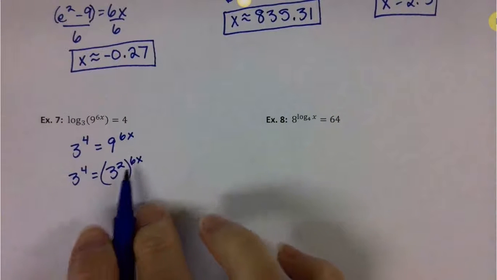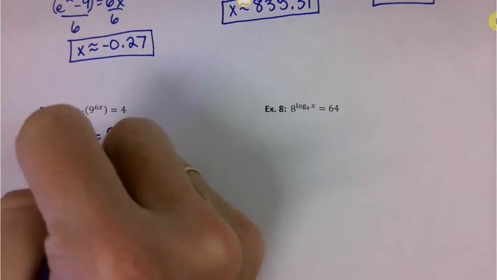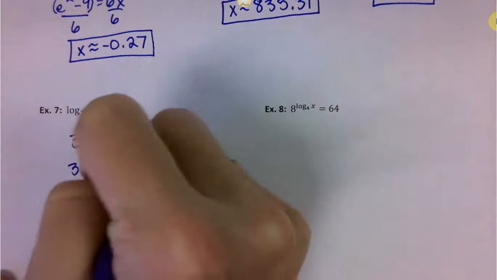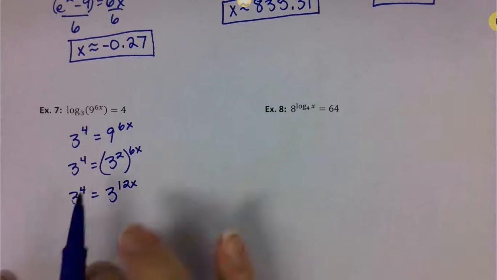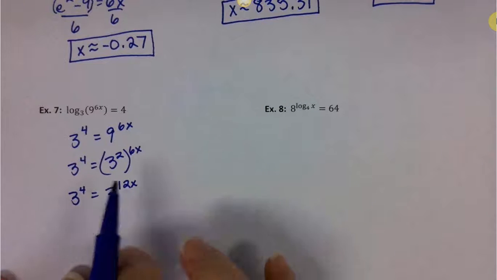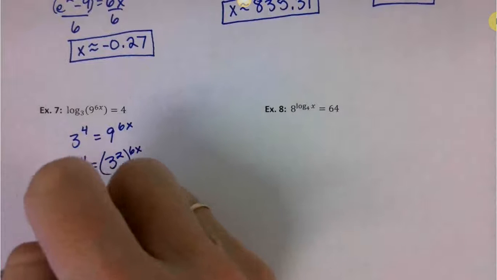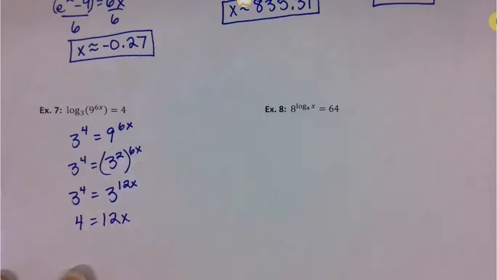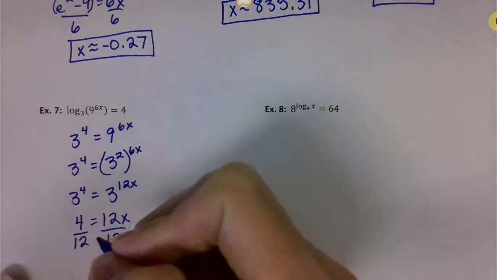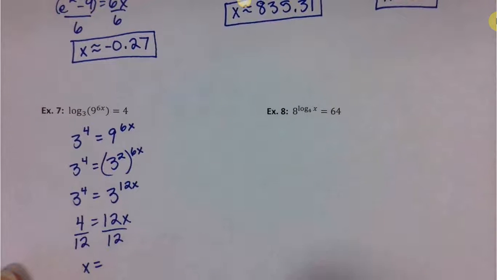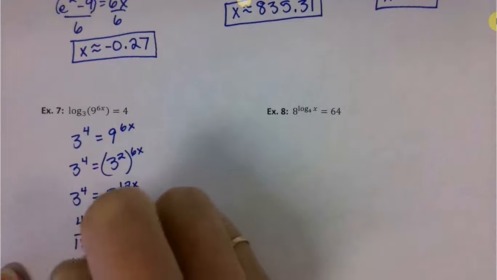And then since we're raising an exponent to another exponent, we can multiply. 2 times 6x is 12x. And now that we have the common base of 3 on both sides, we can set the exponents equal to one another. So 4 is equal to 12x. And then dividing both sides by 12, we end up with x equals 4/12, or reduced 1/3.